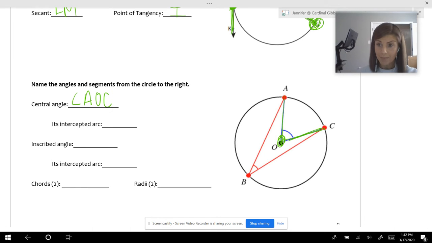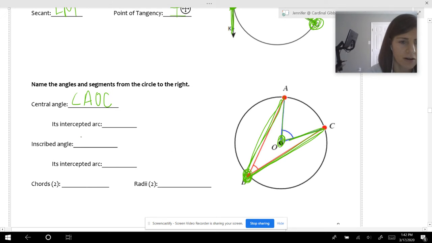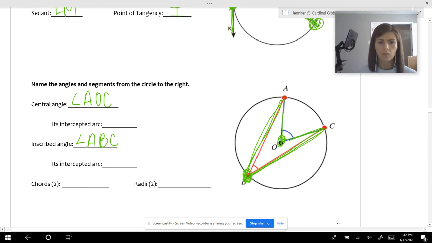The inscribed angle, so this is the new one, is the angle whose vertex is on the circle. It's kind of like we're taking that center vertex and pulling it out to the edge of the circle. So in this picture, angle ABC, that's our inscribed angle. The central angle is created by two radii.